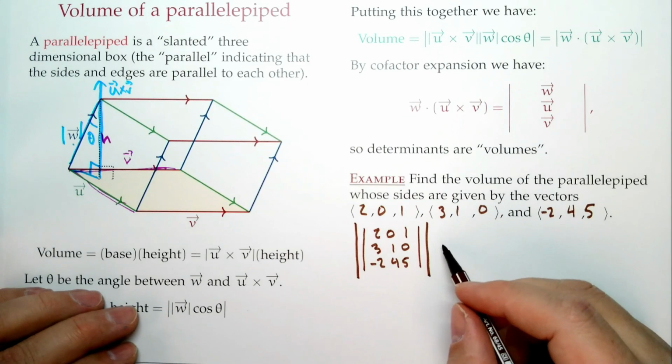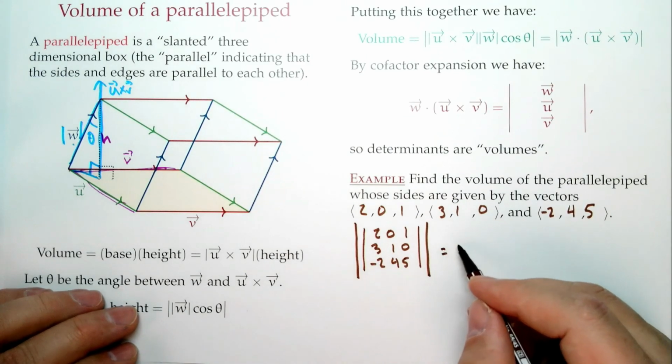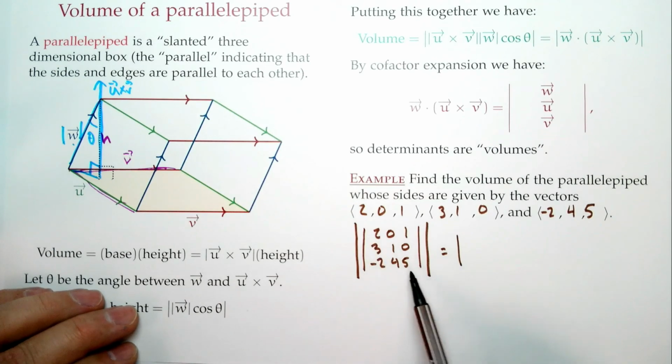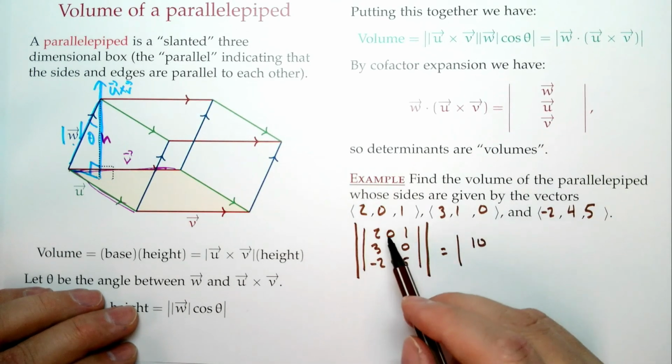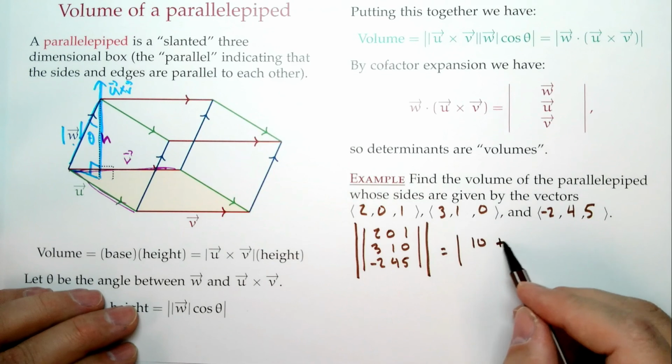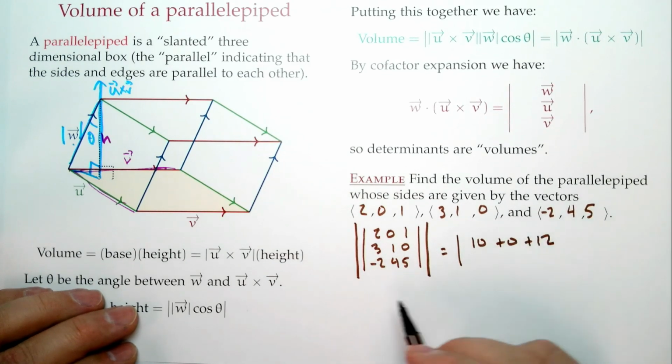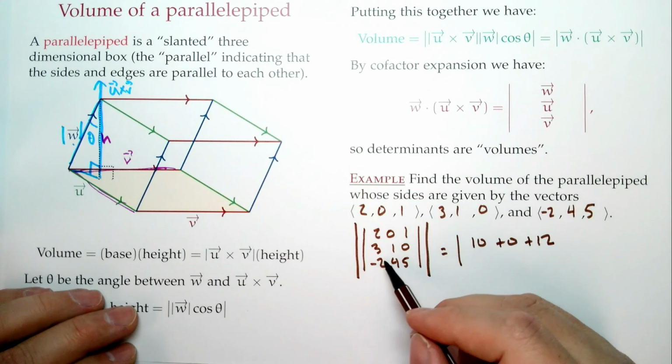So what do we have? Well, this is the absolute value. Let's just take our determinant. 2 times 1 times 5, which is 10. Then 0 times 0 times negative 2 is 0. Then 1 times 3 times 4 is 12. Then we're going to subtract. Minus 2 times 1 times 1.